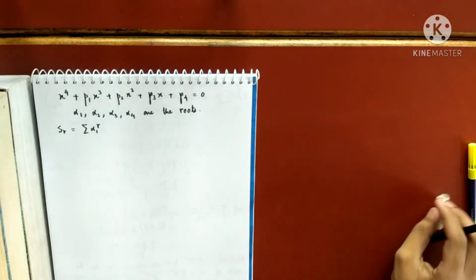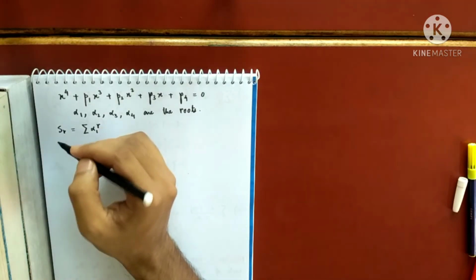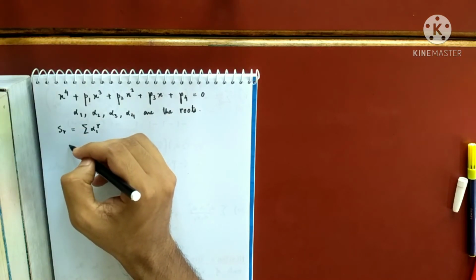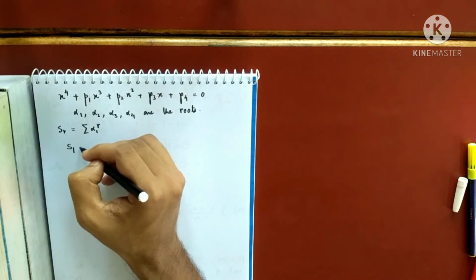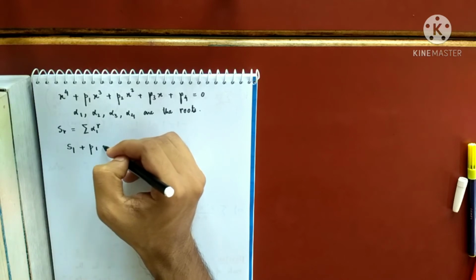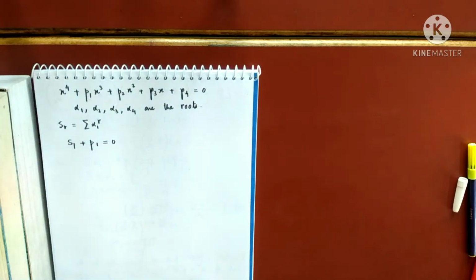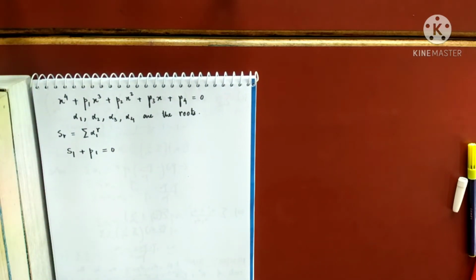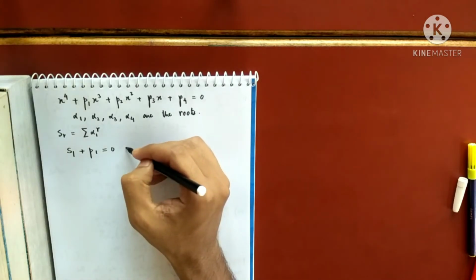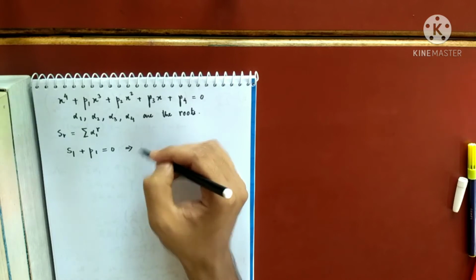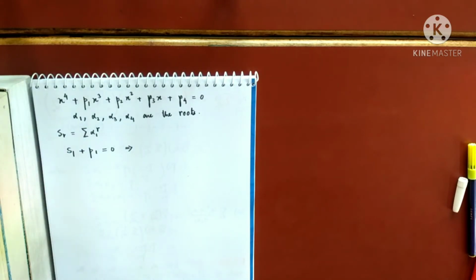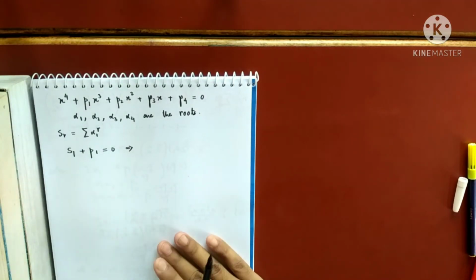Now, when r equals 1, I'll simply get S1 plus P1 equals 0. So how will that help me? This is using Newton's theorem, just applying it by taking r equals 1.